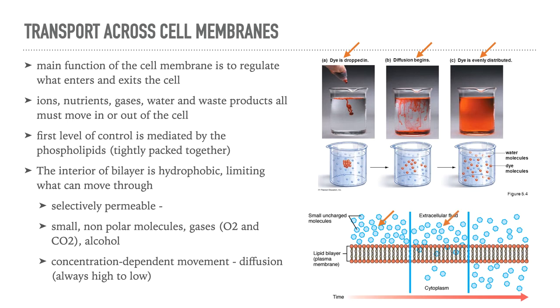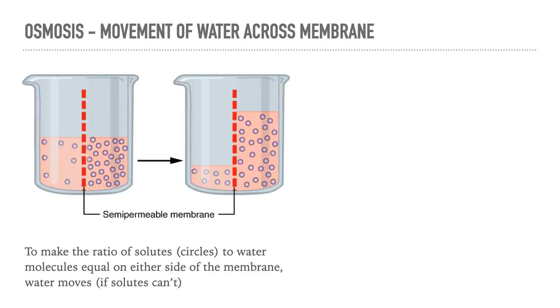Molecules will start moving across the membrane, and they will stop when the same concentration is present inside as outside. Once concentration is equal, diffusion is going to stop, whether the cell wants it to or not. That's why I say this isn't fully controllable.